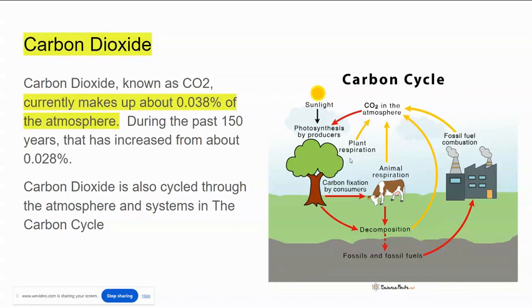Yes, plants also respire. Plants give off carbon dioxide, but they also take in carbon dioxide through photosynthesis. And then you can see over here fossil fuel combustion, the burning of fossil fuels by factories and cars puts carbon dioxide into the atmosphere. So this is what we call the carbon cycle that we'll certainly take a closer look at some other time.